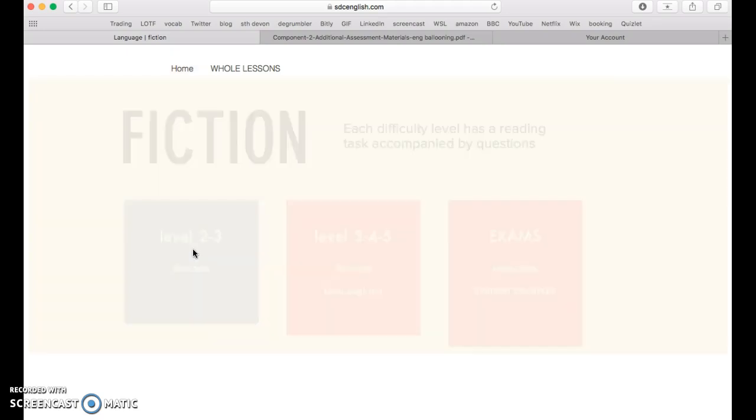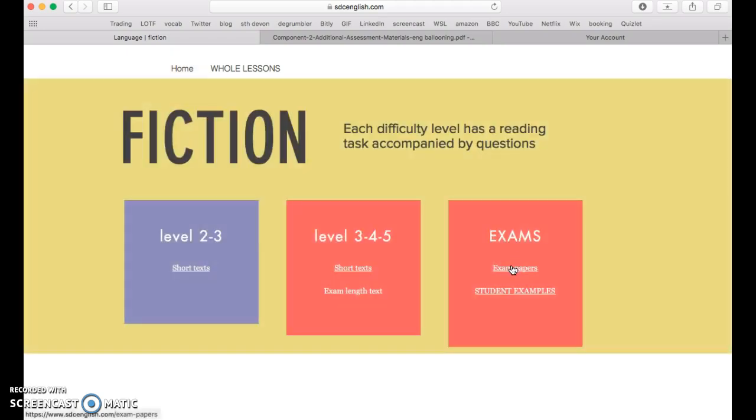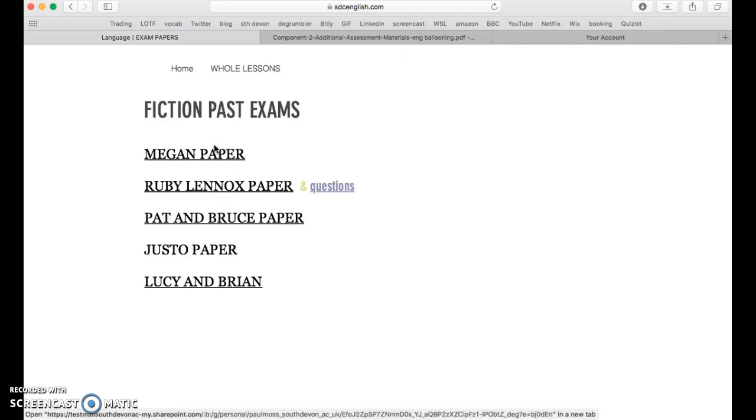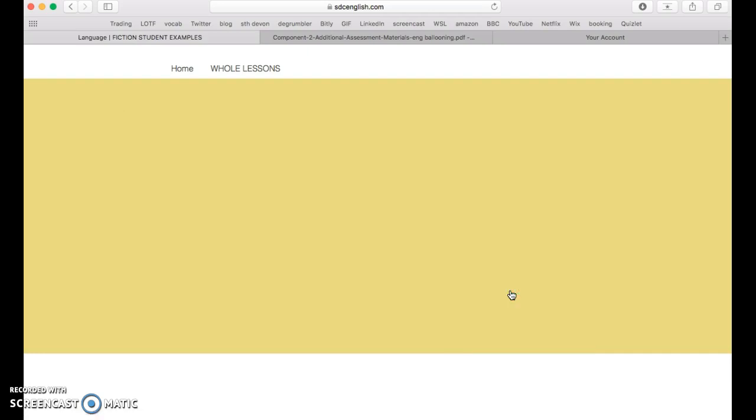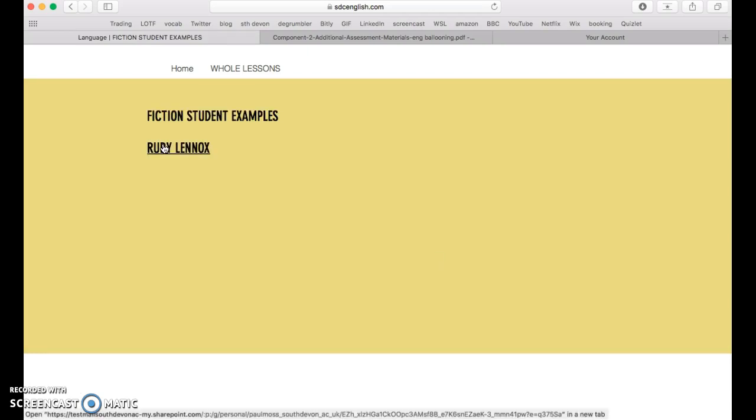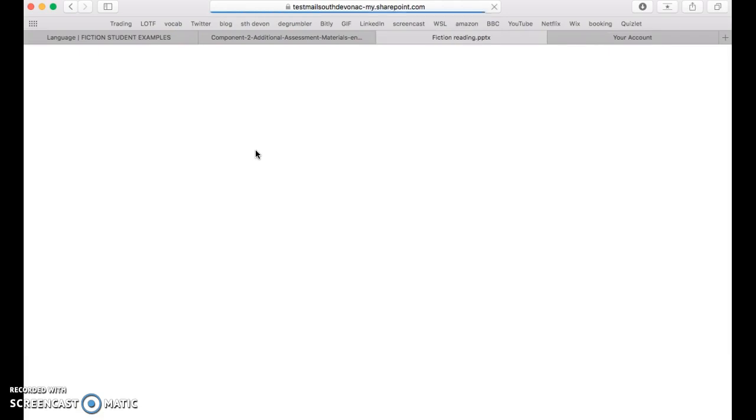The students have an option of a multiple number of texts that they can choose from past exams, but more importantly as well, there's those papers there. But more importantly as well is that we have this, and in fact with all of the sections, student examples. So your child will be able to come along here, and there'll be many more of those as we go along in the next couple of weeks.